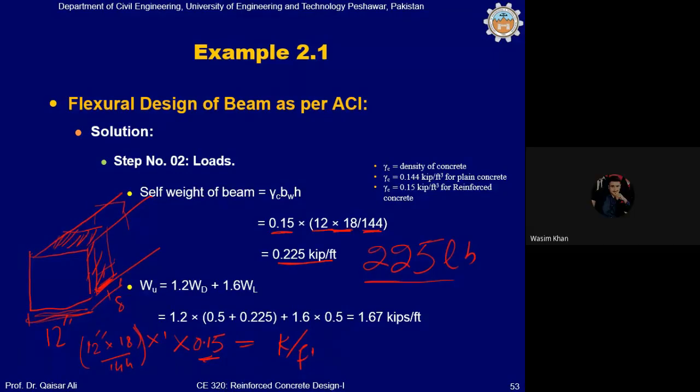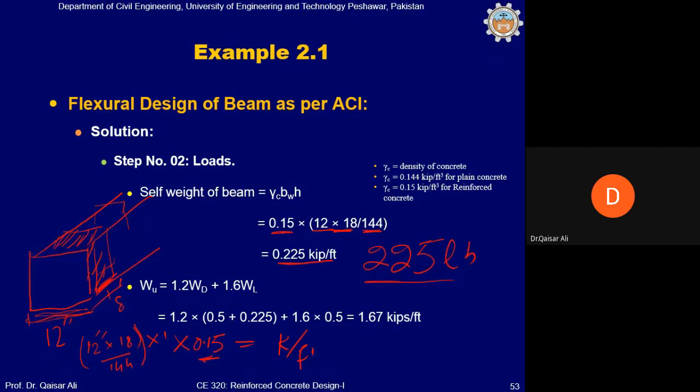Around about 130 pounds. Let's say 150, a slightly heavier person. So if the weight of one person is 150 pound, then you can realize what a 225 pound weight means.